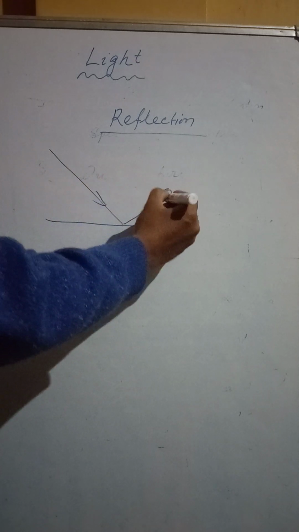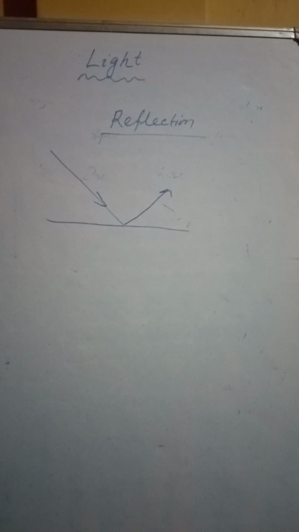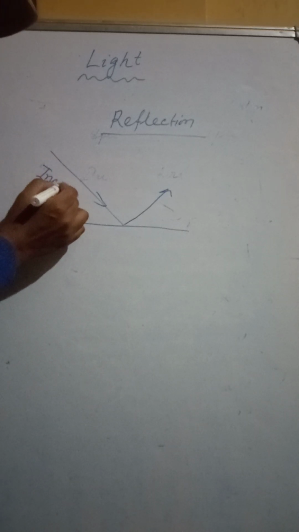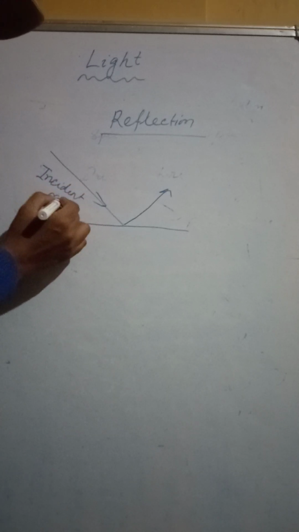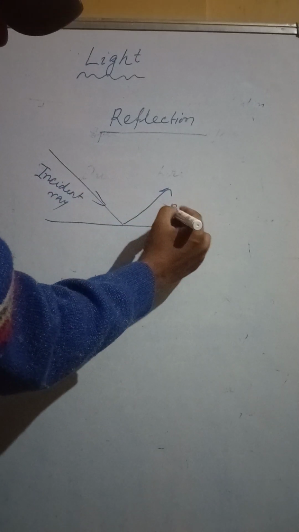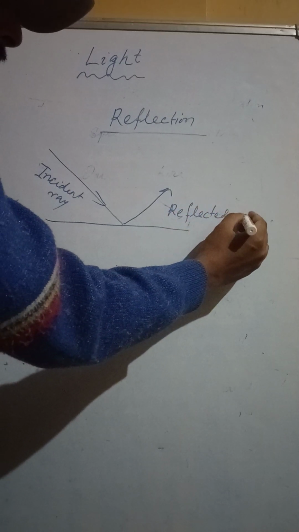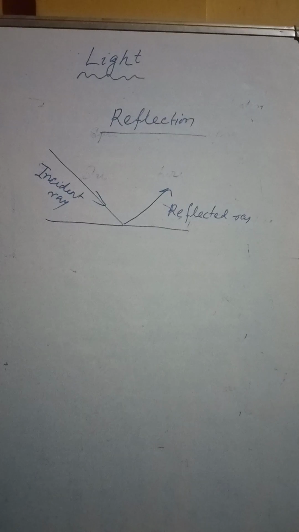So this is called reflection of light. This is called incident ray. This is reflected ray. So I will discuss reflection.